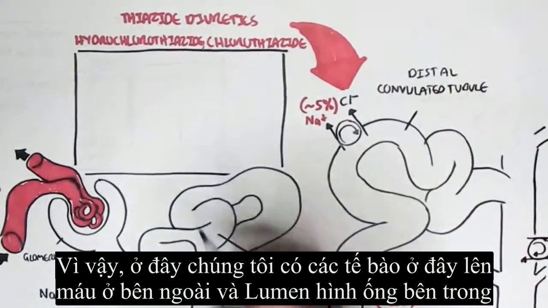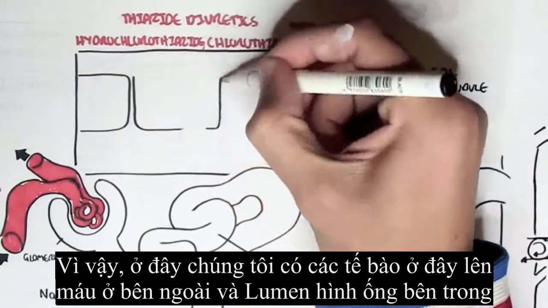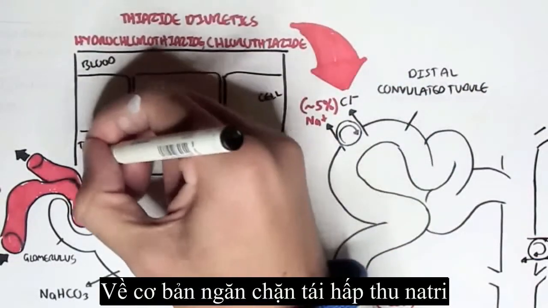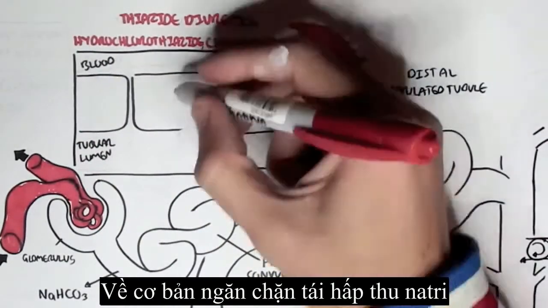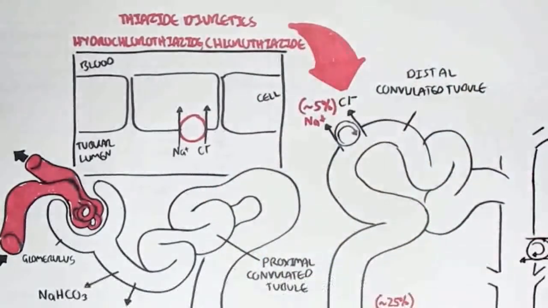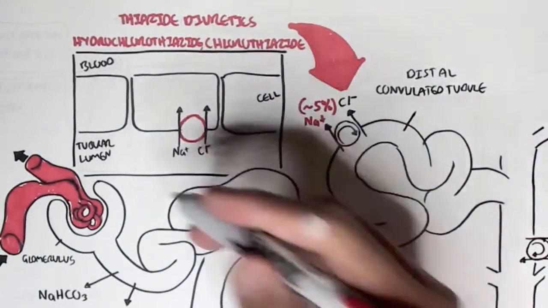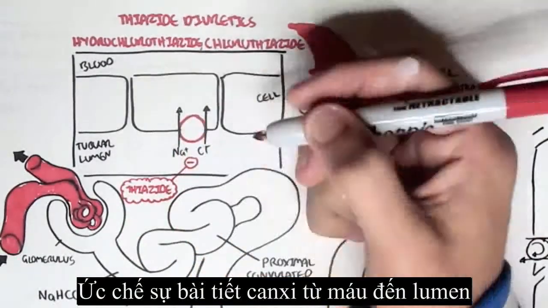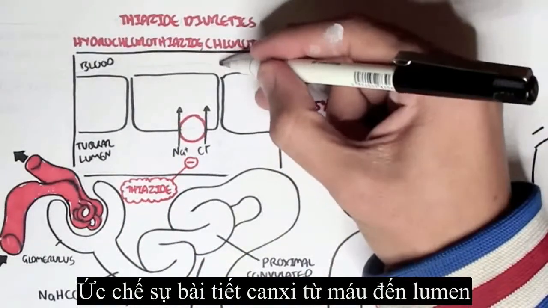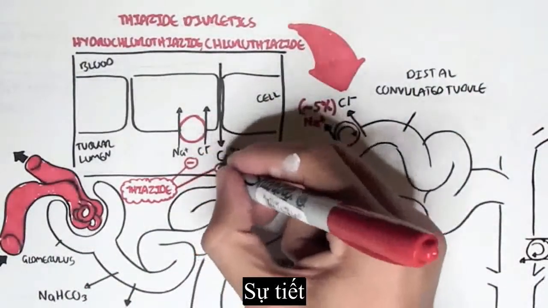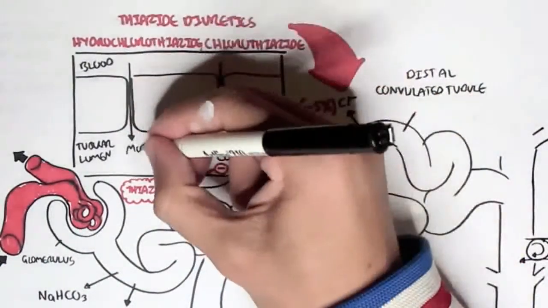Here we have the cell, with the blood on the outside and the tubular lumen on the inside. Thiazides essentially prevent sodium reabsorption by inhibiting this transporter of sodium and chloride. In the long term, it will actually inhibit the secretion of calcium from the blood to the lumen, but it will promote the secretion of magnesium.